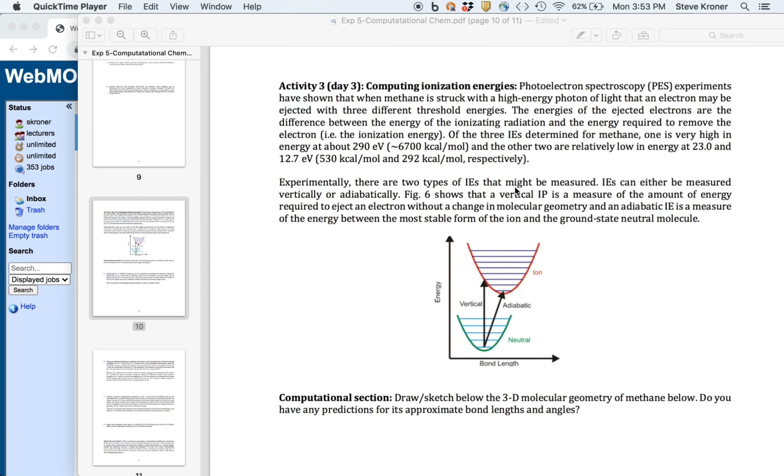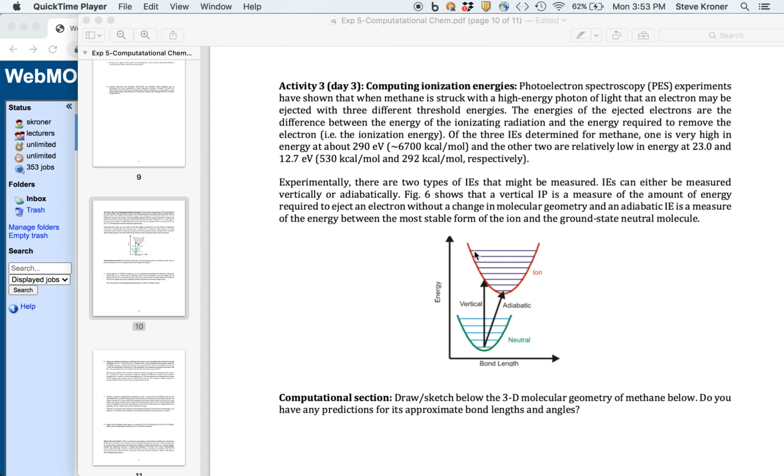Experimentally, there are two types of ionization energies that can be measured: vertical ionization energies and adiabatic ionization energies. The vertical energy is simply the energy it takes to remove an electron from the structure of a molecule before the molecule can reorient itself and stabilize its energy, without allowing it to change its structure.